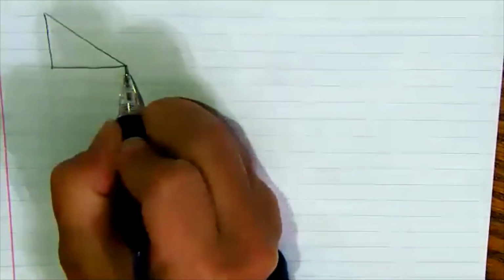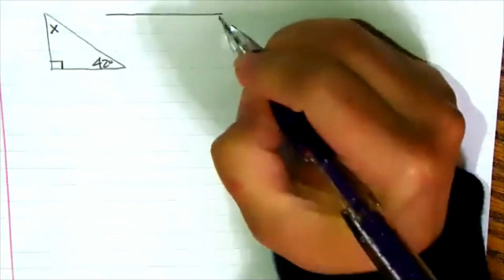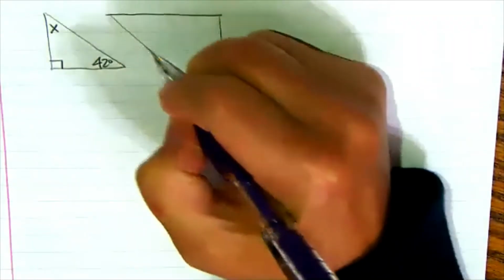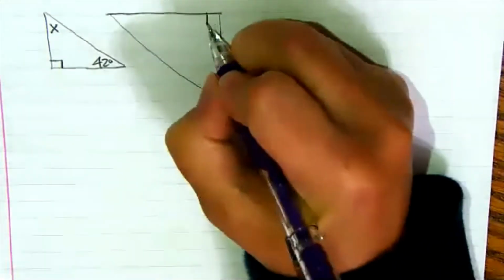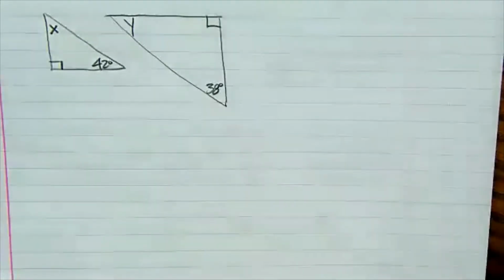So the book's given us this triangle. We have a right angle, an x, and 42 degrees. Then they've given us this triangle. We have a right angle, y, and 38 degrees.